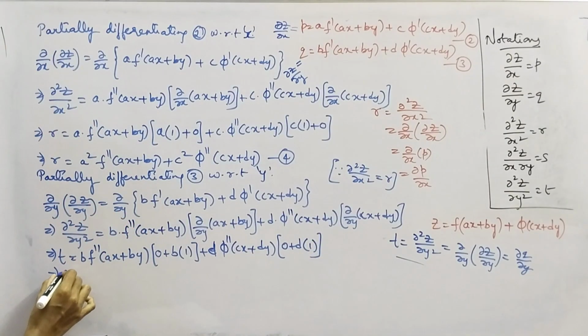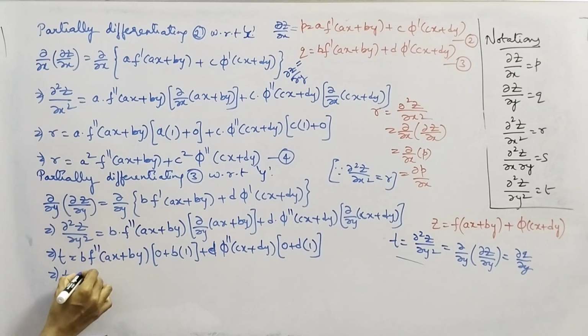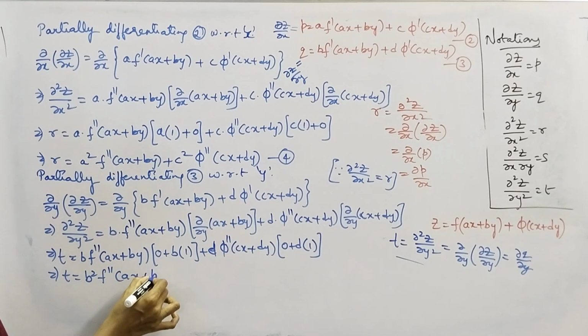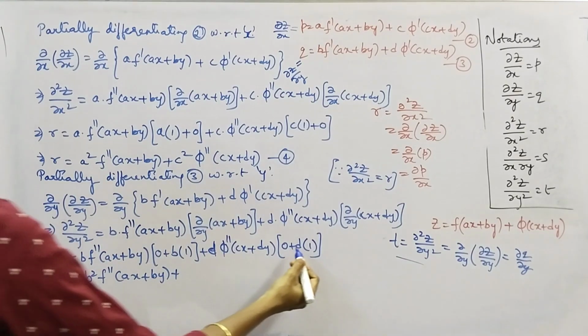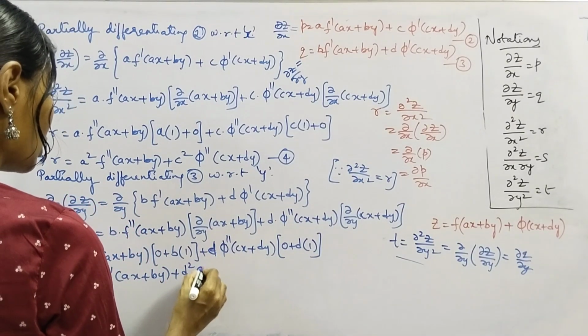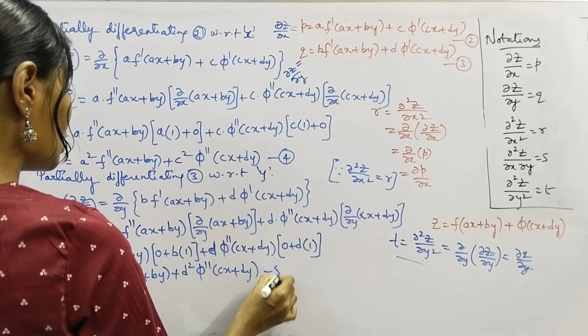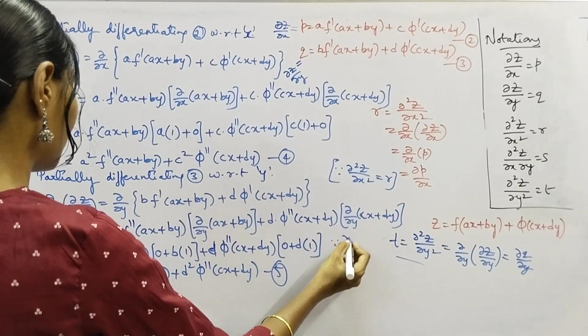This gives us t equal to b into (1·b + 0), so you'll get b square f'' plus d into (1·d + 0), that is d square, into φ''. Consider this as equation number 5.